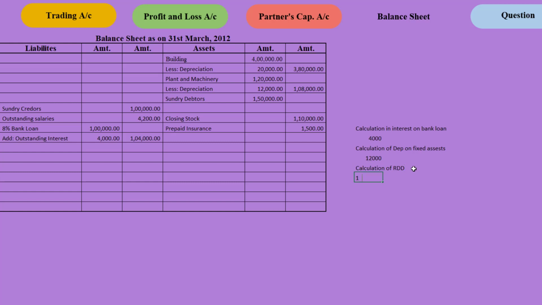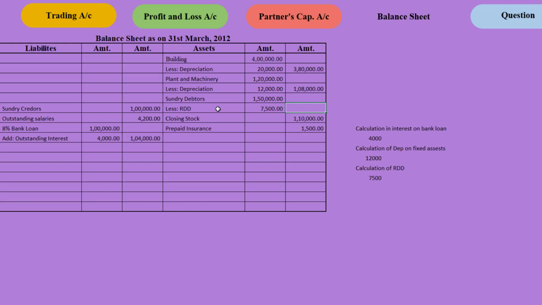Write down amount 1,50,000 into 5 upon 100. 7,500 is the RDD. So here you write less. RDD will be deducted always. This is 7,500.